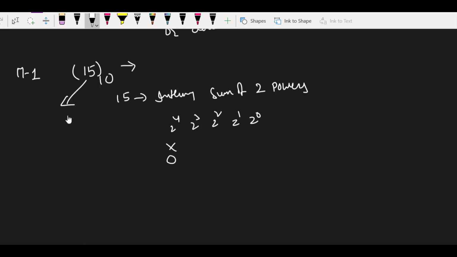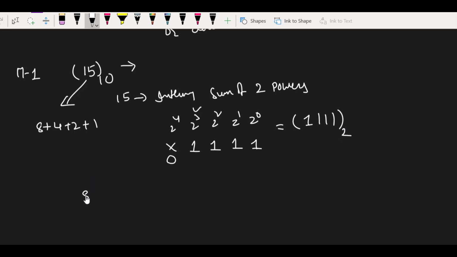So 15 can be written as 8 plus 4 plus 2 plus 1. 8 means 2 power 3, so it should be included; you keep the weightage 1 here. 4 means 2 power 2, you keep 1 here, and 2 means 2 power 1, and 1 means 2 power 0. That means you can write 15 as 1111 in the binary number system.